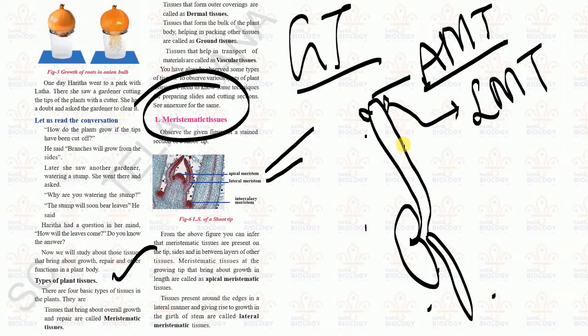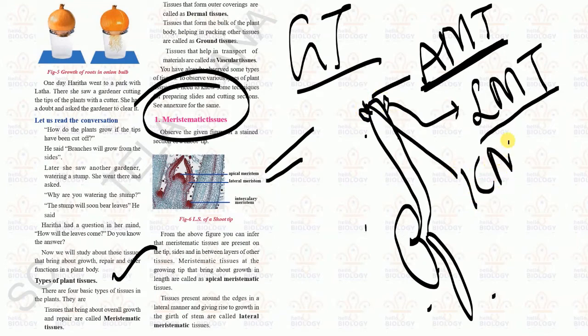Then between apical and lateral meristematic tissue, in the center, you will find one more, called intercalary meristematic tissue. So 3 types are there: apical, lateral, and intercalary meristematic tissue.